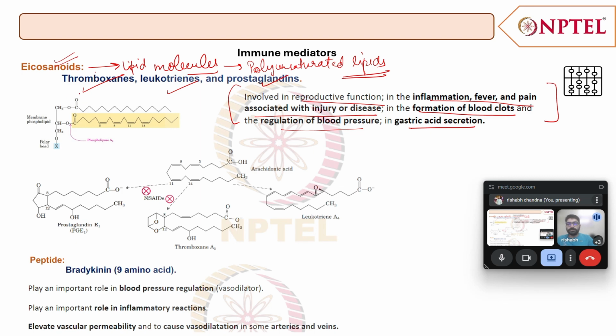These are the structures of these three, which are derived from the arachidonic acid itself. These are the forms of lipid that help in different immune responses.